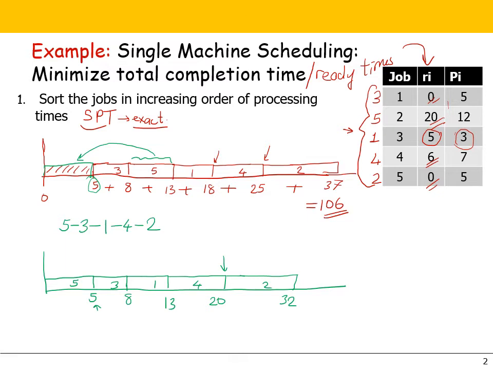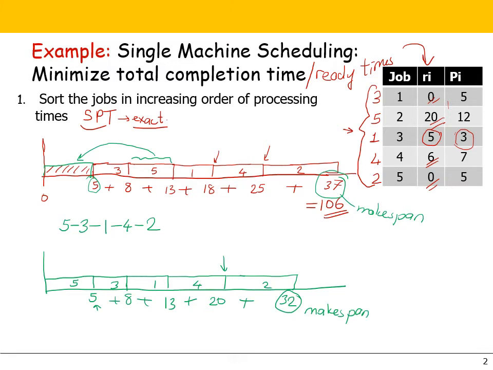And you see the completion time of the last job is earlier, but also let's check the total completion time, which is the sum of this. Be careful, total completion time is different from the makespan. So the makespan of this schedule is the completion time of processing of the last job. Okay, the makespan of this solution is this.